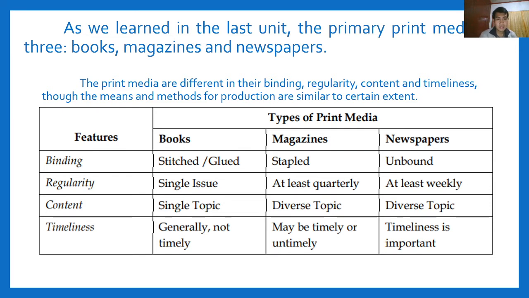For example, on binding, books are stitched or glued, while magazines are stapled, and newspapers are unbound. The same goes for regularity, content, and timeliness. They are different in these aspects.